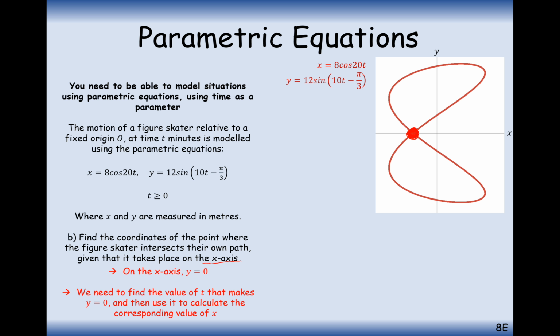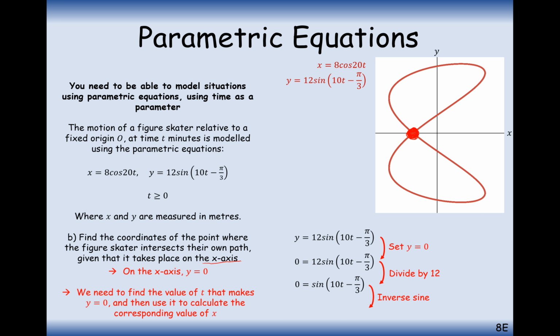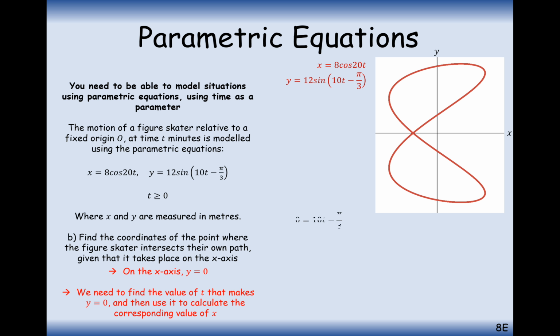So we set y equal to 0 and solve the equation. Divide through by the 12 at the start, set the 10t minus pi by 3 equal to 0, move it on to the other side, divide through by 10, and the first time this is going to happen is at t equals pi by 30.